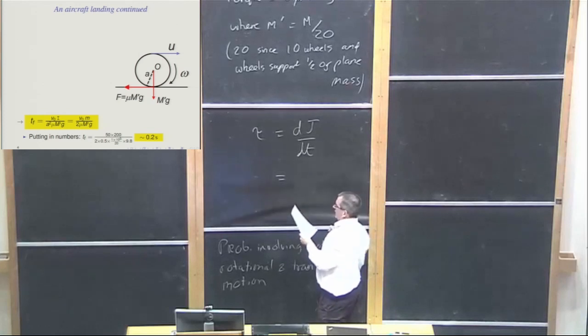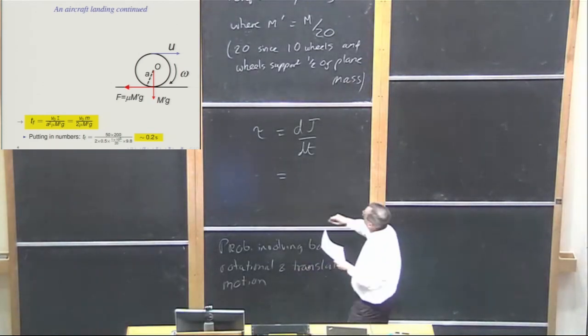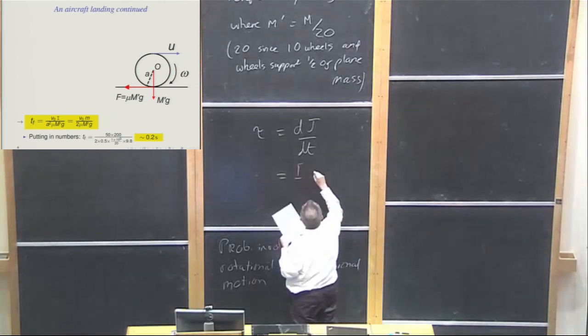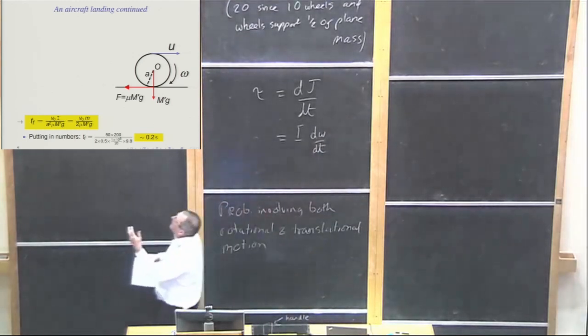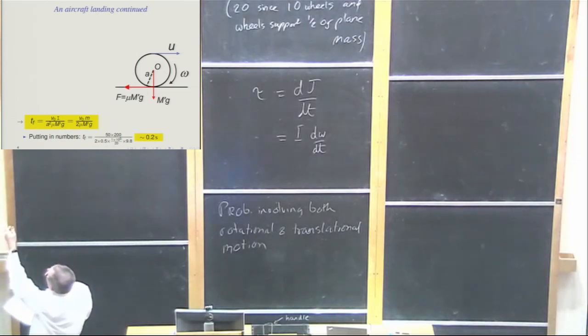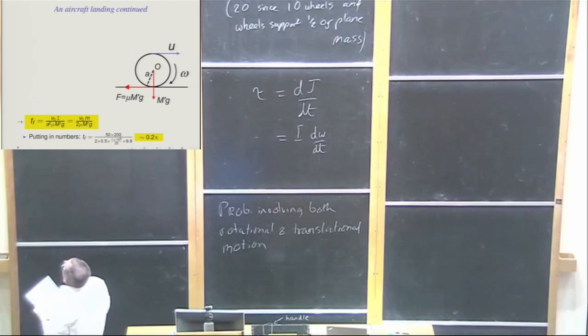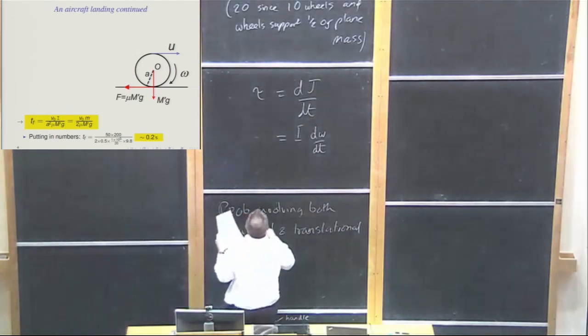So J is I times omega, I moment of inertia, d omega by dt. And what we're really interested in is the actual real velocity, the translational velocity with which the wheel is spinning, which is designated as u there.